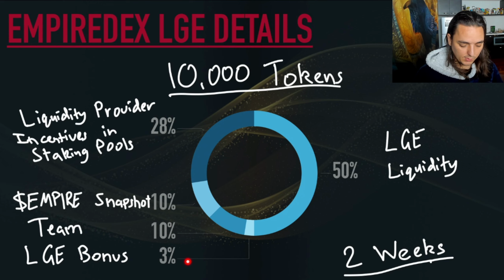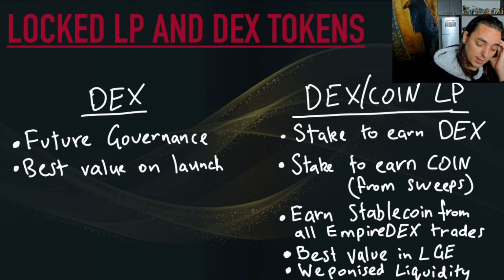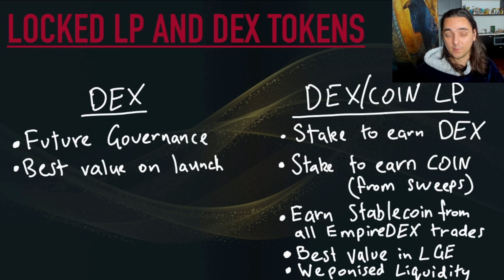So really, all you've got is the LGE bonus. That's 250 tokens out of the 10,000 token supply that are even available to sell once we launch. So if you're looking for DEX tokens, buying on launch, there are obviously no guarantees, but it's very difficult to lose money there because there's no one to dump on you, and so the price can only really go up from there.